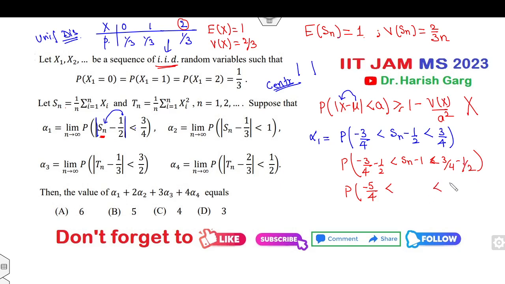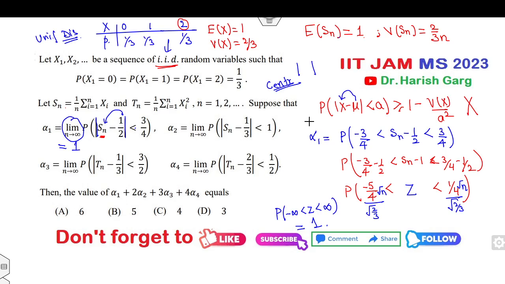It is my 1 over 4. Then I can divide both sides by, in terms of the z, root of 2 over 3, n is my upside. Similarly for this case, 2 over 3, n is my upside. Once you take n approaches infinity, the limit is minus infinity to plus infinity. What is the answer of this case? It is 1. So alpha 1 is my 1.